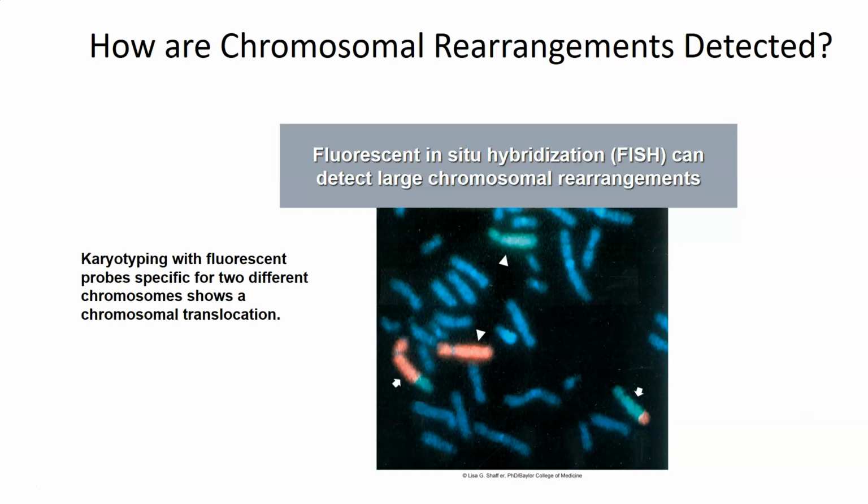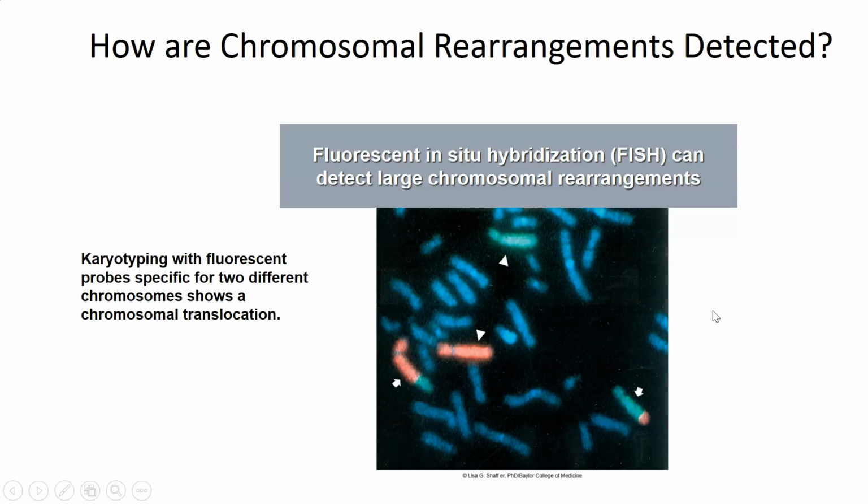So if you look at the karyotype of such a cell, you can do a technique called fluorescent in situ hybridization, or FISH, using probes that are specific for different chromosomes. And then if you shine a laser beam, they will fluoresce at different colors.